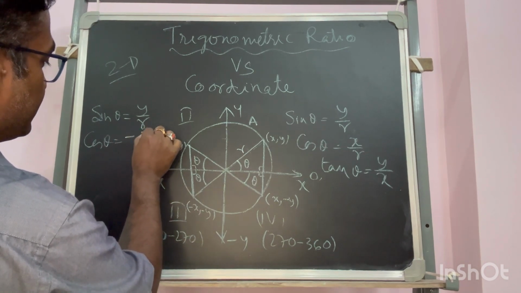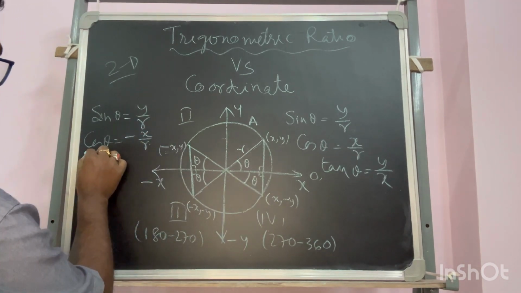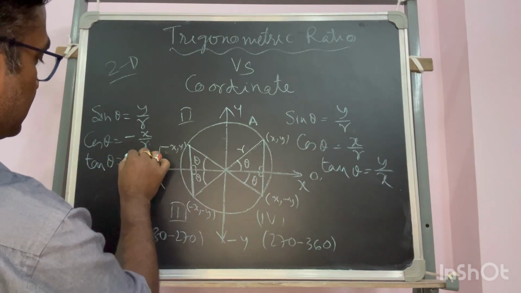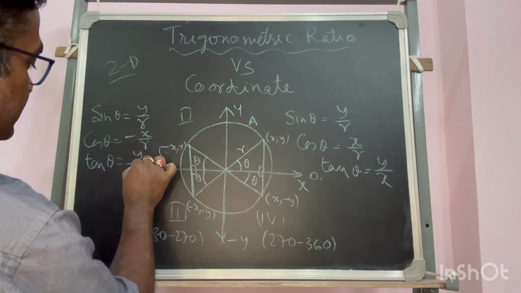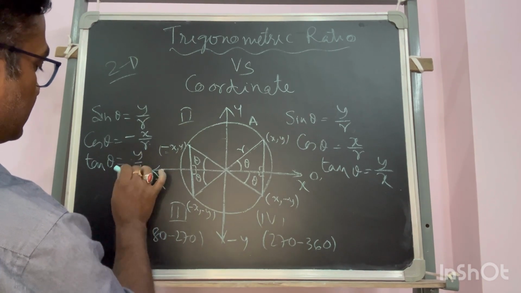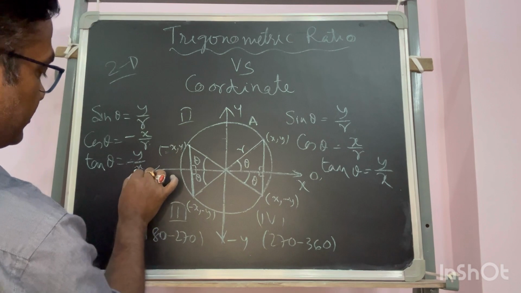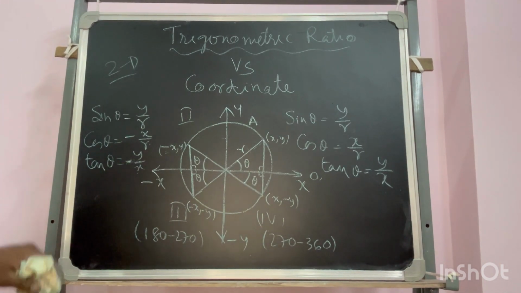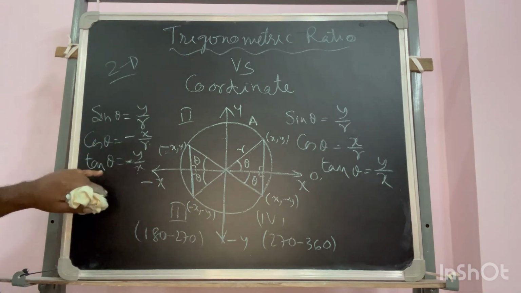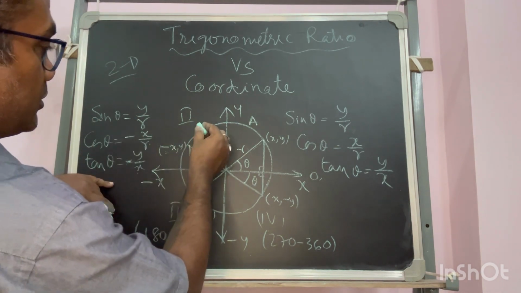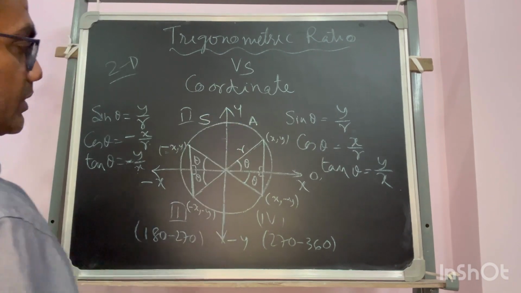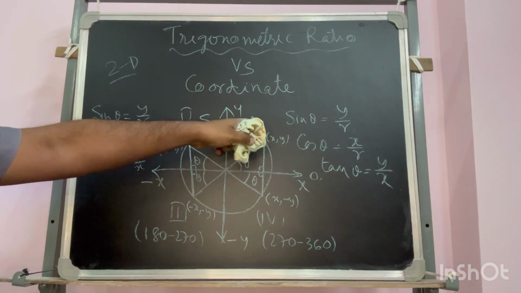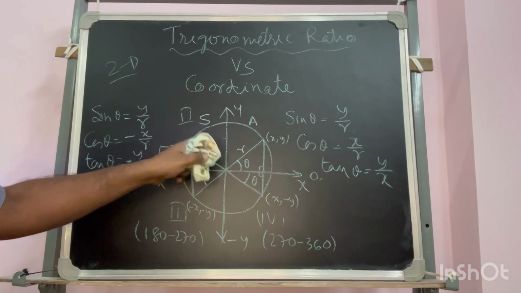Minus x by r, and tan of theta is equal to y by minus x, that means minus y by x ultimately, because the sign of x will be common there. So you can see only sine is positive here, the others are negative. So the reciprocal will also be positive. So all sine ratios whatever I am writing here will be positive in that coordinate.